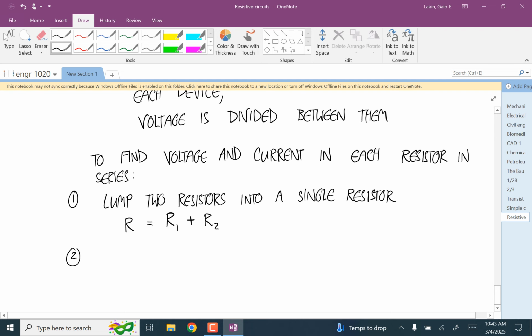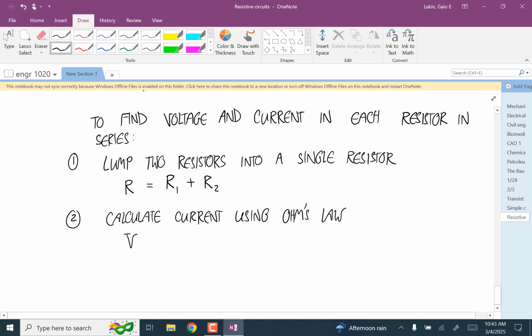Second, we're going to calculate the current using Ohm's law. So we're going to use voltage equals IR to calculate the current.